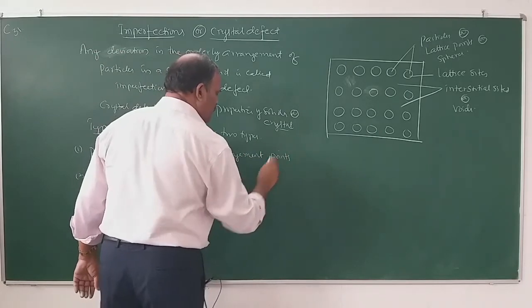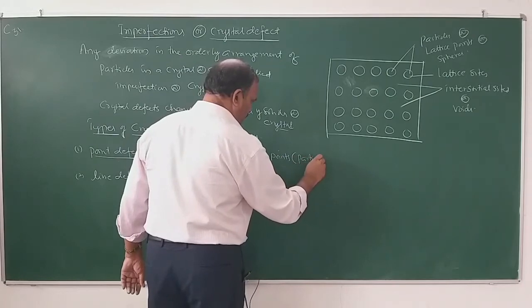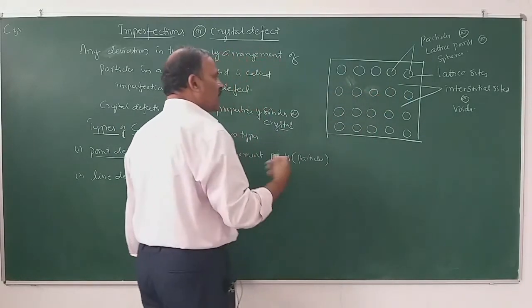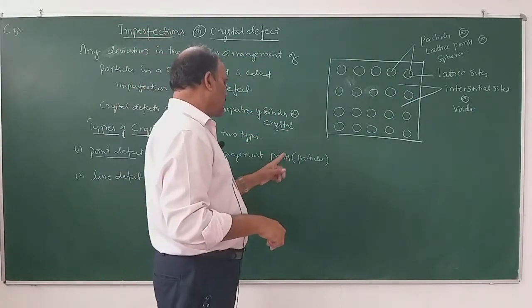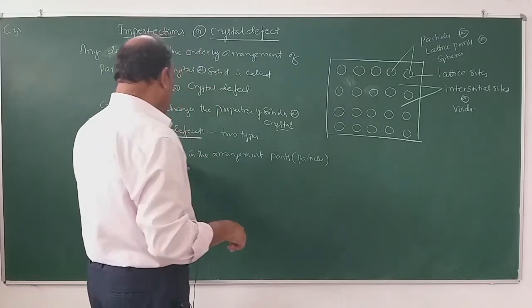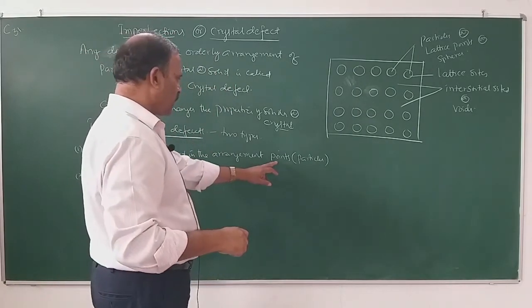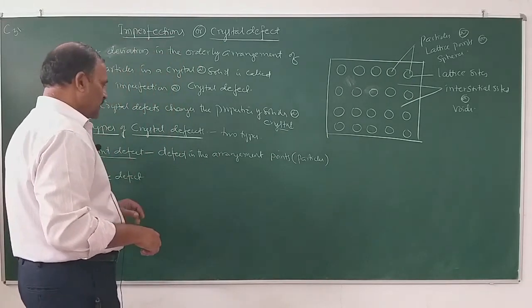What are points? Particles. Defects in the arrangement of points. These are all points. We will call them lattice points. Particles are represented by points. Defect in the arrangement of points is called point defect.